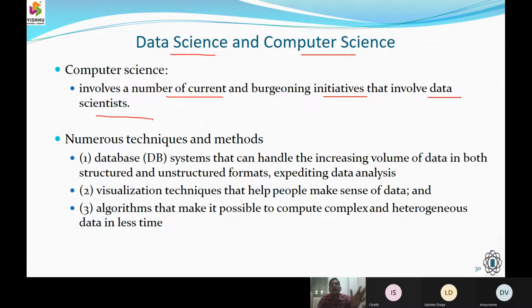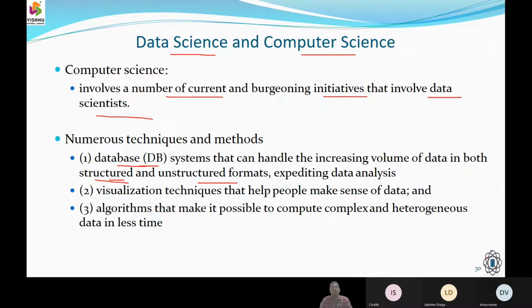The prerequisites to data science are, one, the computer science components. Those can be databases. If it is a relational database, data will be in the form of structured content. Otherwise data will be in the form of unstructured content.